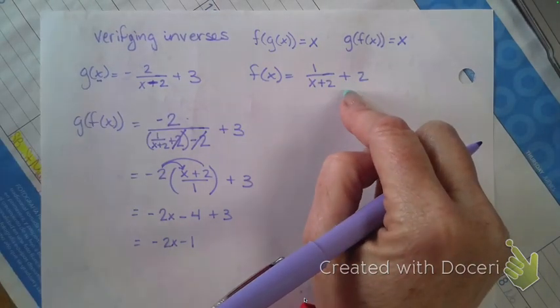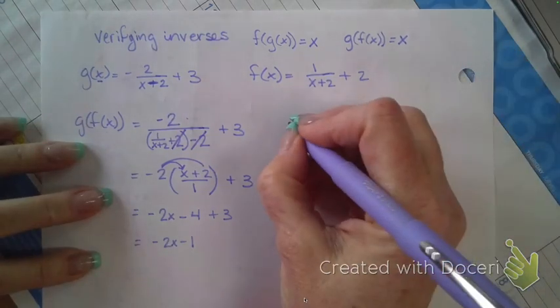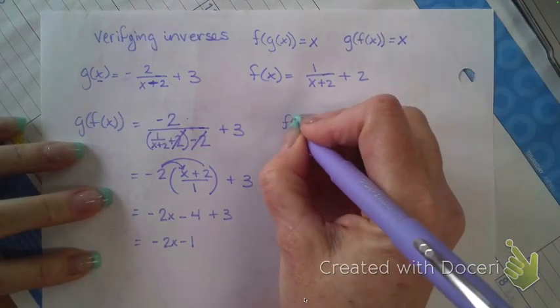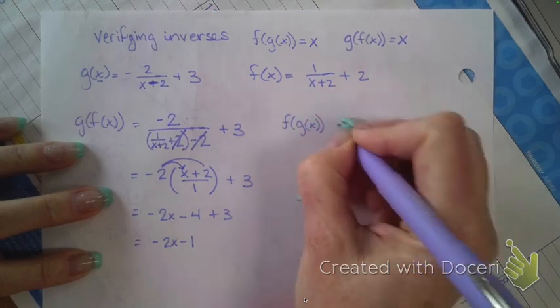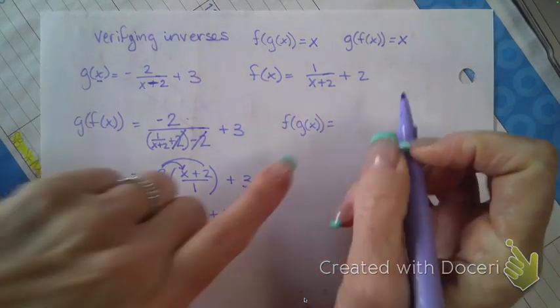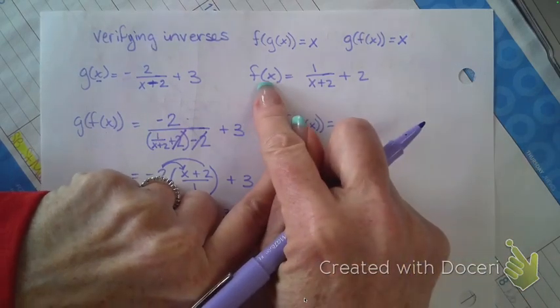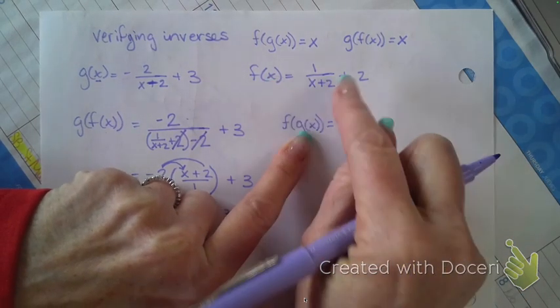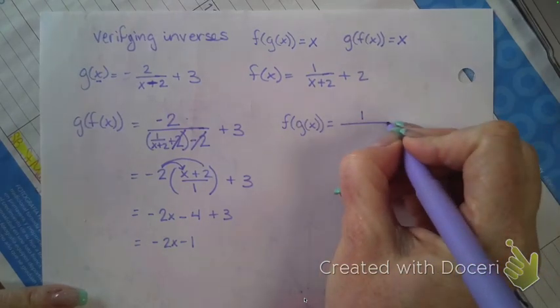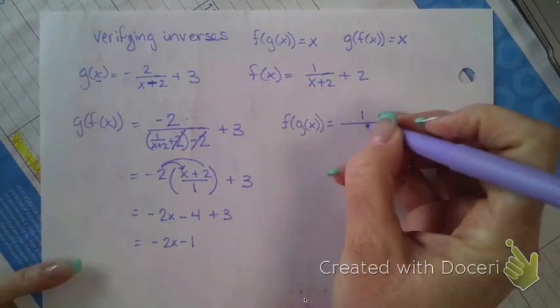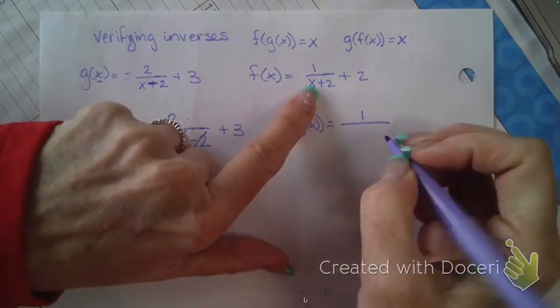So we're going to practice, and we're going to do the other one too, because if this one comes out to be x, should I go back and check my work to see if I messed up? Yes. Okay, so g is becoming the x. So 1 over x, what's x?